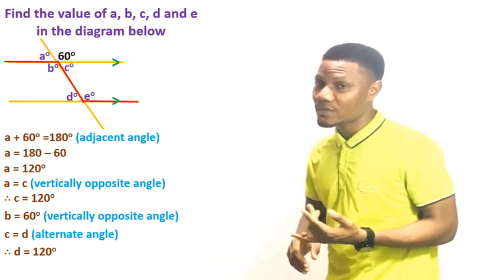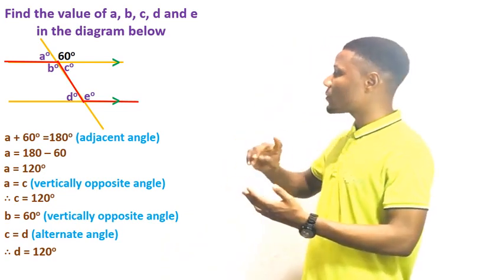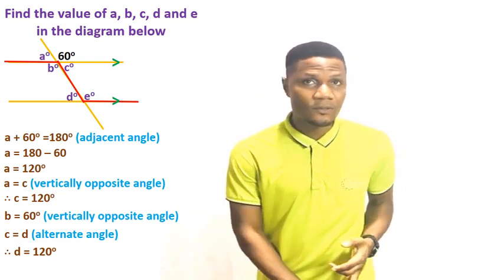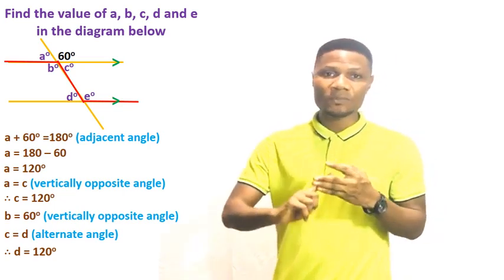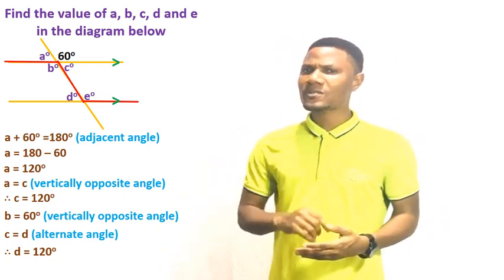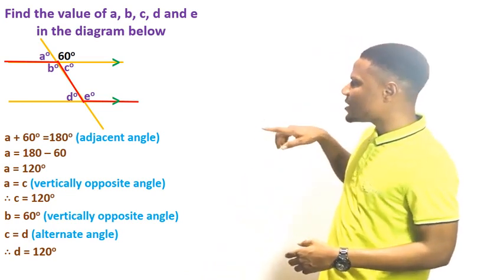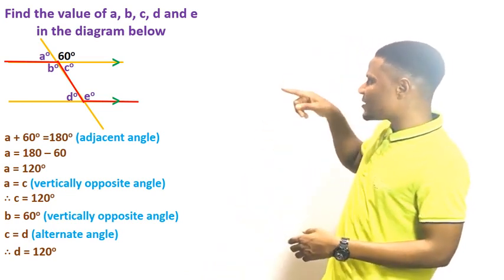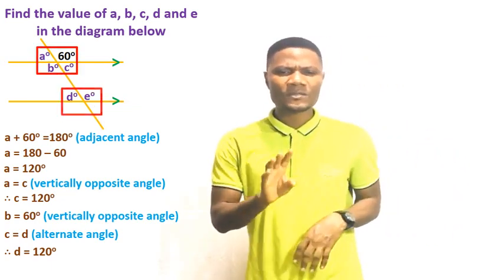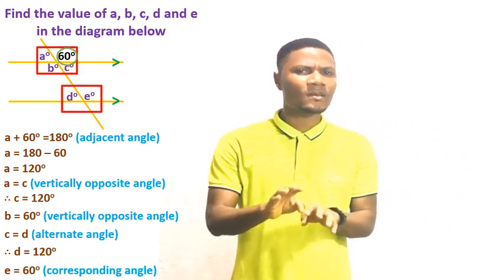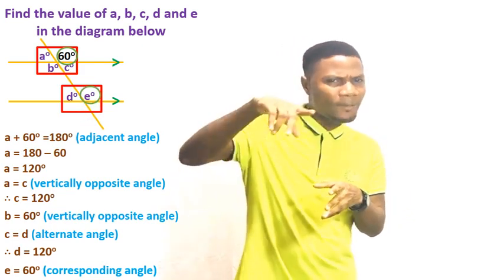Whether you are going through alternate angle or adjacent angle, the value of our E will be 60 degrees. You can also get E by having a relationship between E and 60 degrees in the question, and that is called corresponding angle.